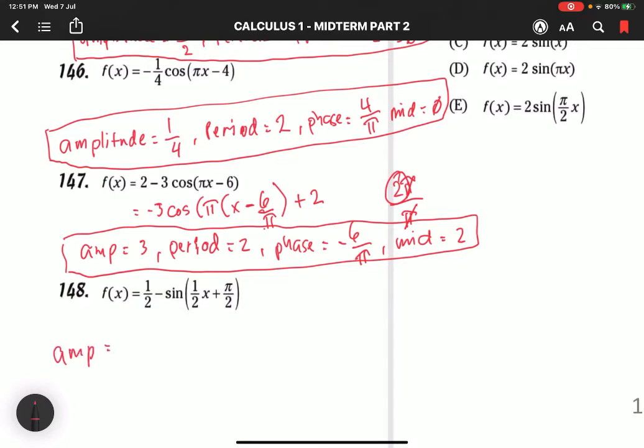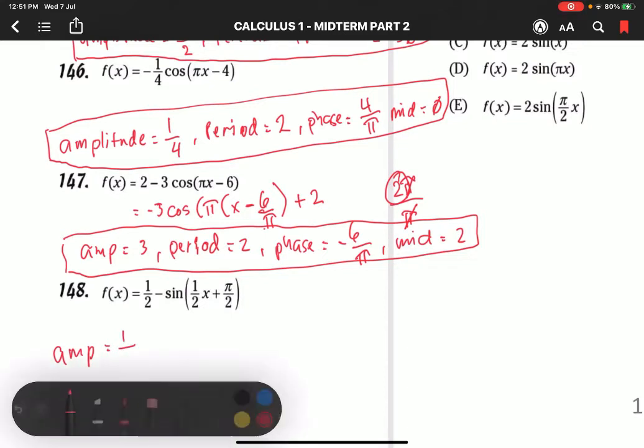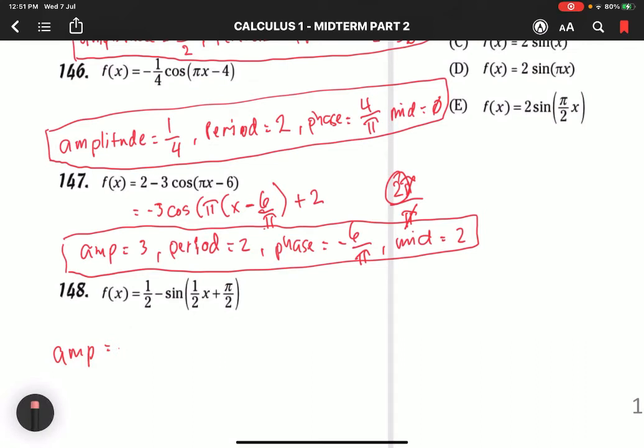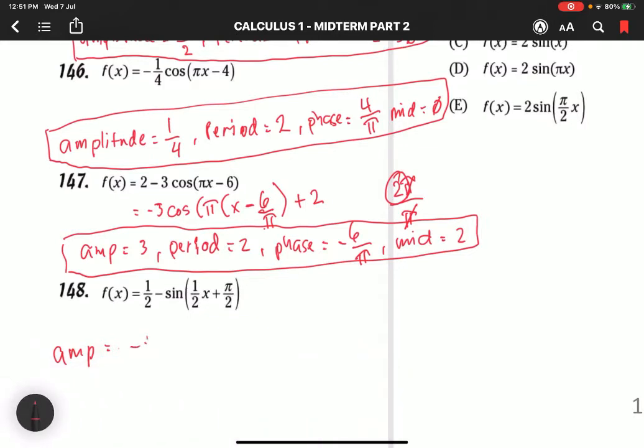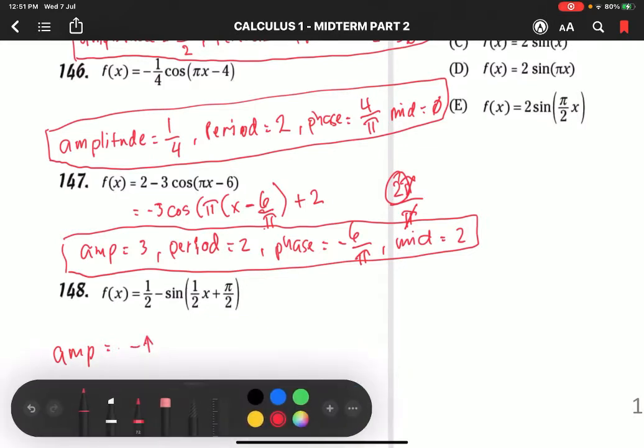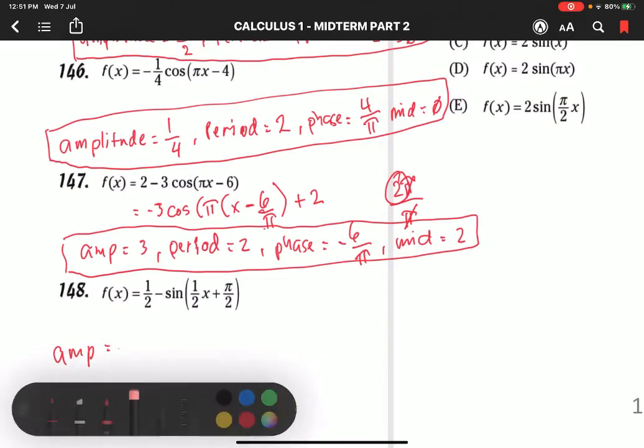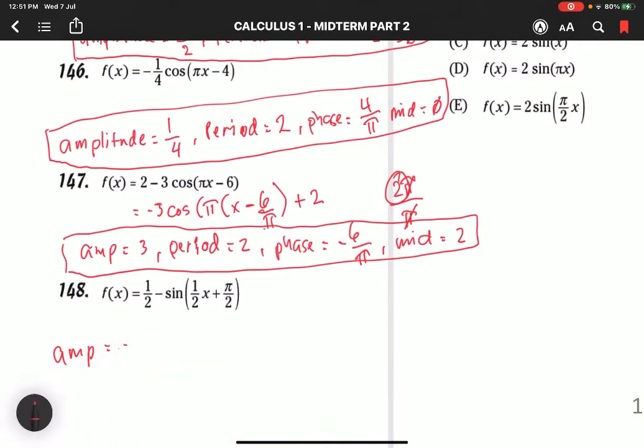Okay? For 148 naman, we have amp 1 half. Taga 1, ano yan, 1 tayo, 1. Okay? Meron pala siyang 1 half minus eh. So, ibig sabihin nun siya ay negative 1, no? So, we have negative 1 as amplitude. Okay? Negative 1. Ang ating period equals 1 half. 1 half siya.